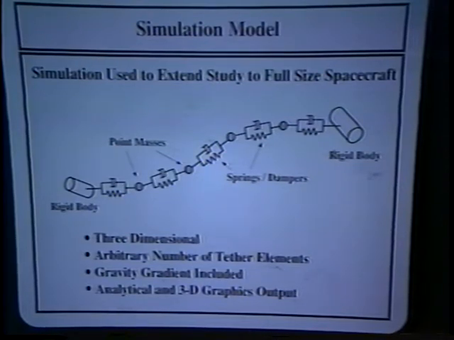It seemed like 4 or 5 gave me more than enough frequency content for the frequencies I was interested in, and 7 was a conservative value to pick. The simulation as written is 3-dimensional, and it also includes the effects of gravity gradient, although these turn out to be of very minor importance for the spin-up maneuver. And as you saw, the 3D graphics output is possible, and there's also analytical output that I will be showing in just a moment.